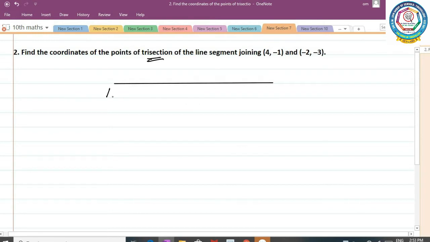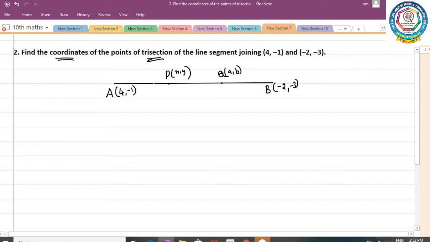Here I am going to take A of (4, -1) and B of (-2, -3). This line segment is divided by trisection. Trisection means 3 equal parts. Here P of (x, y), then Q of (a, b), because they ask to find the coordinates of the points of trisection.